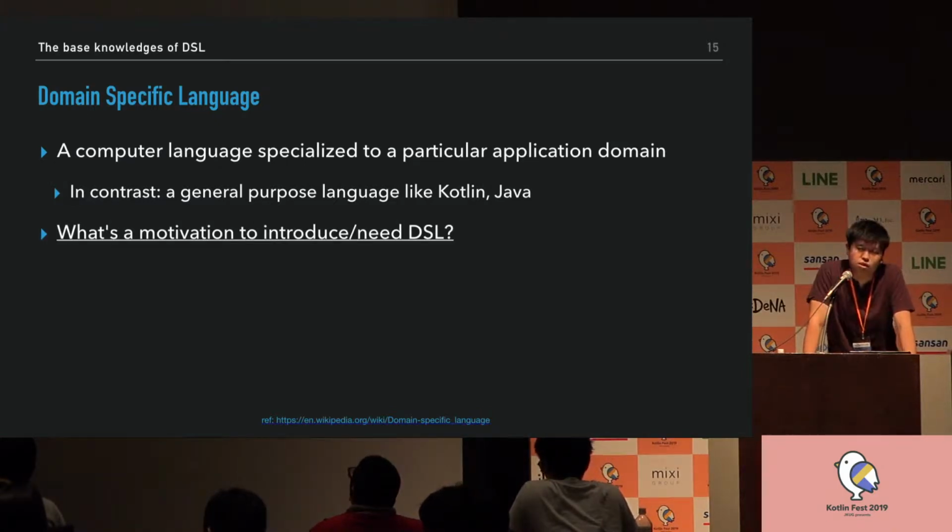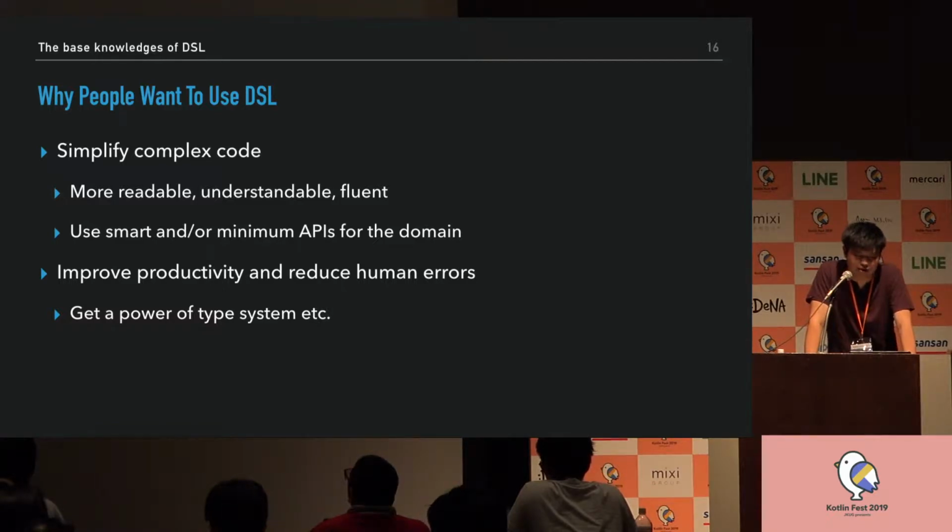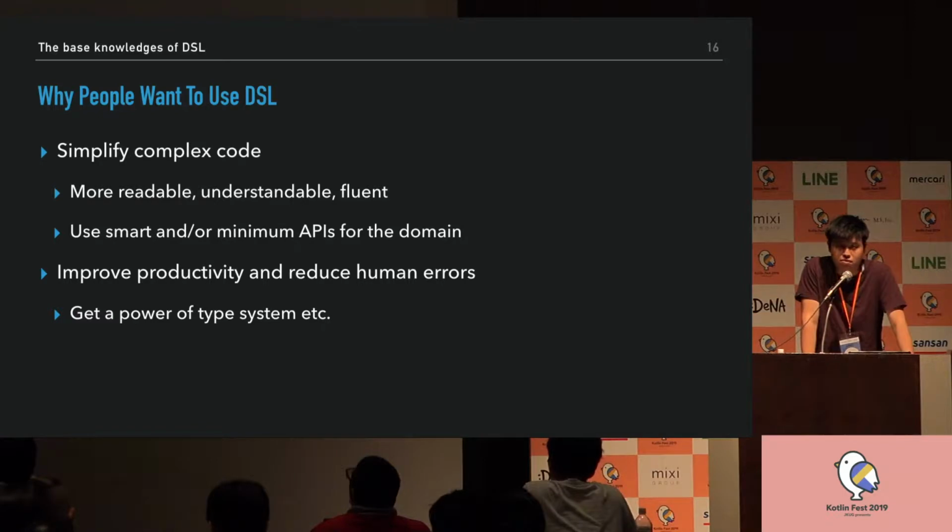By the way, what's the motivation to introduce DSL? Why people need DSL? I know there are so many reasons, so let me pick up a couple of them. In general, we use DSL to simplify complex code.